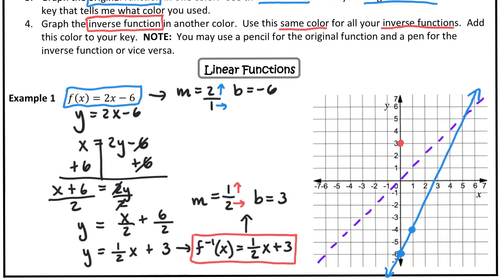And then I'm going to go 1 up to the right 2. That's my second point. Then I'm going to use my ruler to graph the remainder. Like this.